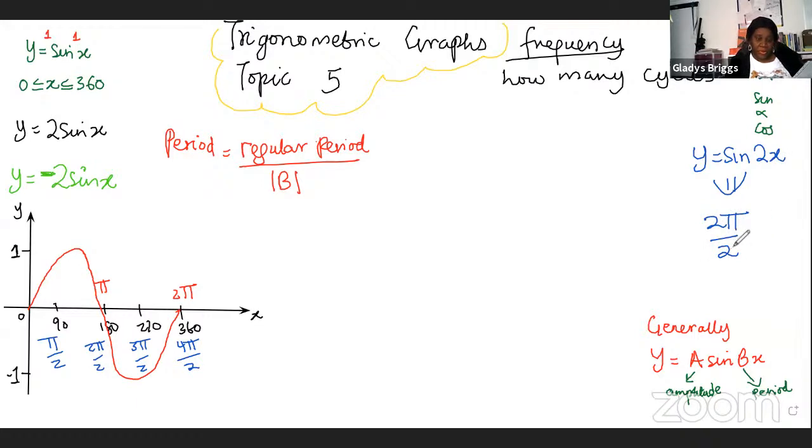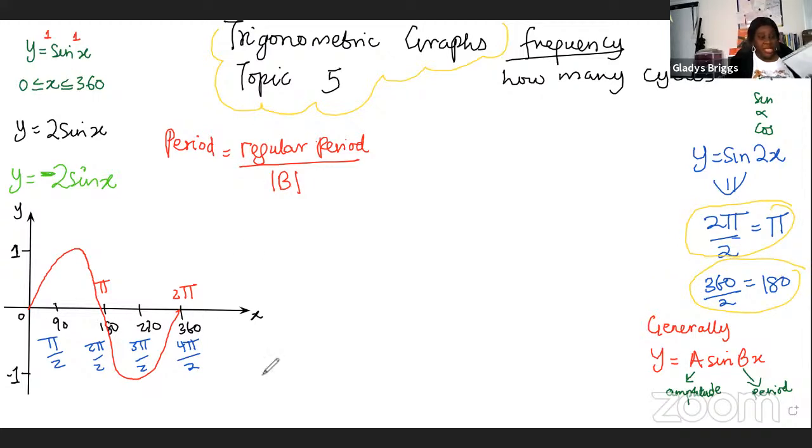Okay, 2 pi is 360, divided by 2. This is equal to pi, or 360 divided by 2 is equal to 180. If you're doing it in radians, it will be this one. If you're doing it in degrees, it will be this one.